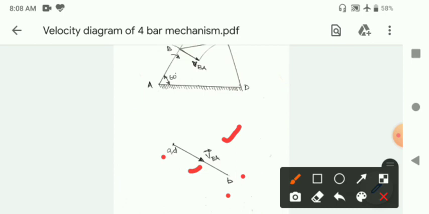So when we indicate the arrow in this way, it indicates the velocity head relative to tail. So we have represented the velocity of point B relative to A.